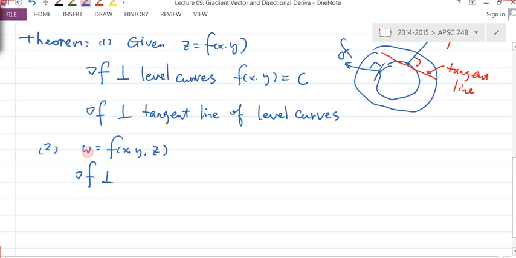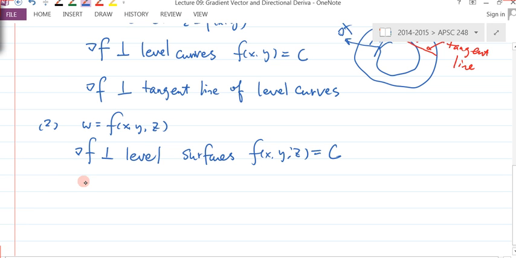If you let w equal to c, we get a surface. In this case, the gradient vector will be perpendicular to the level surfaces, f of x, y, z equal to c.